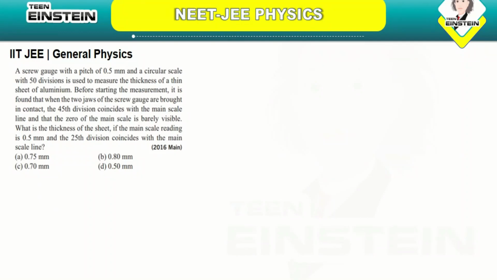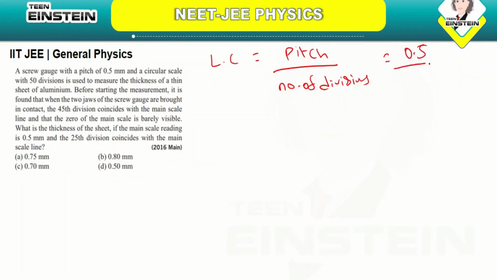Okay. So, here the least count is given by pitch by number of divisions. So, here the pitch value is 0.5 by 50 mm. So, the least count will be 0.01 mm.